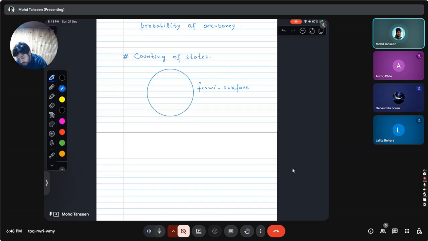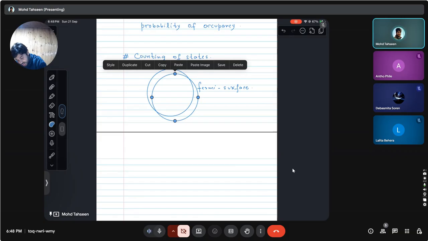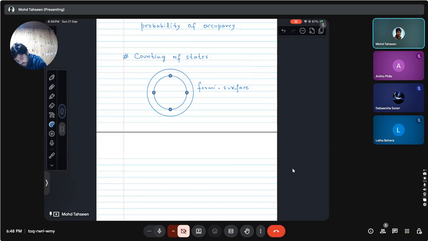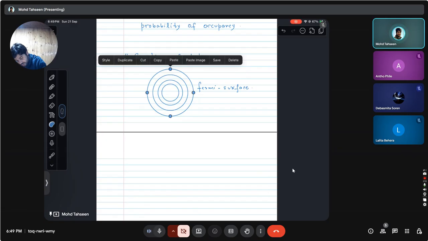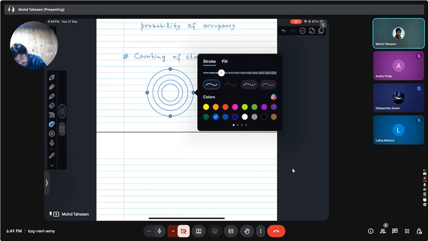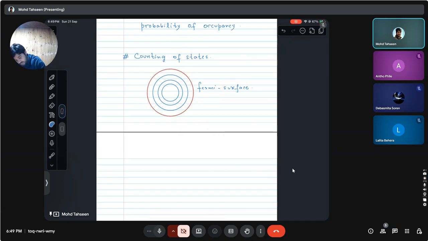And inside this Fermi surface, there are going to be other energy states, something like this, and then there is going to be something like this, and so on. Right? And let me draw this one in black or red. So this is our Fermi energy. Okay.